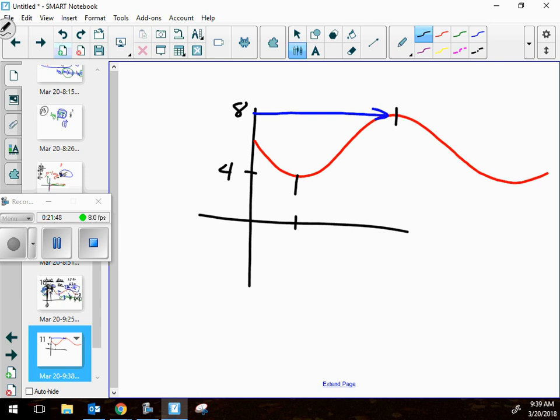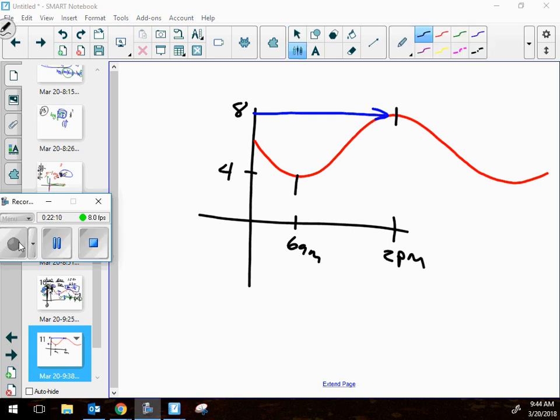And this is going to happen at 6 a.m. And this is going to happen at 2 p.m. Write an equation. Use cosine. I'll pause while we give that a try.